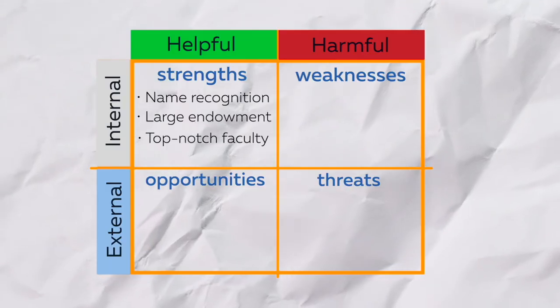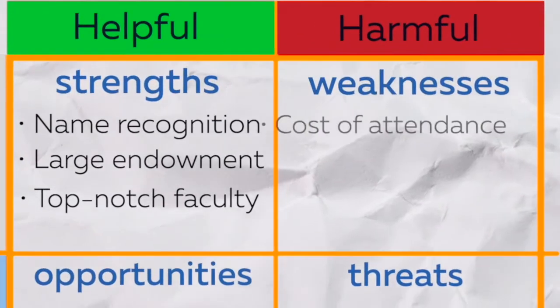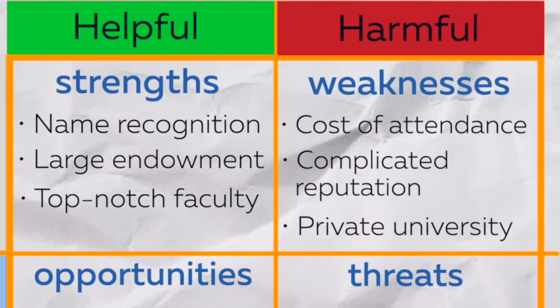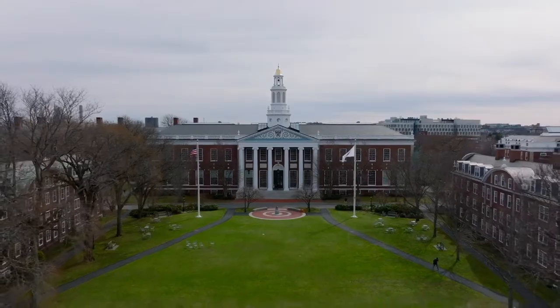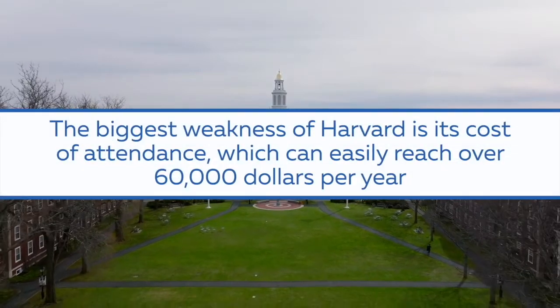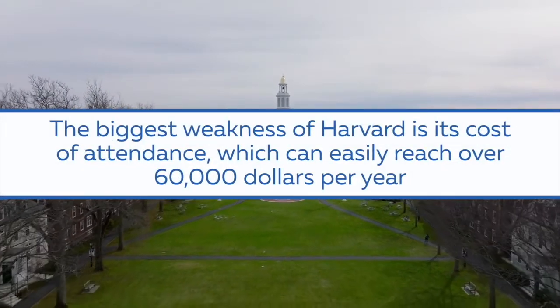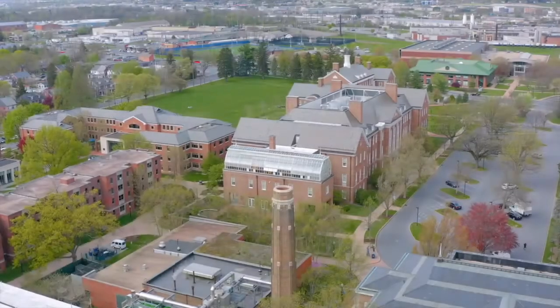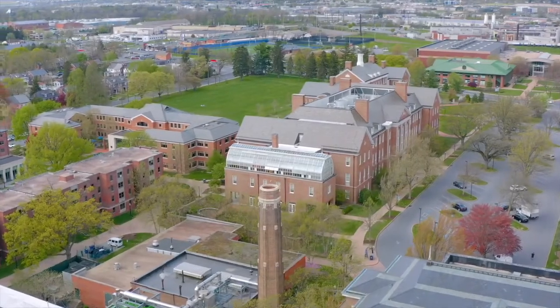Here's a glimpse of Harvard's weaknesses: cost of attendance, complicated reputation, private university. The biggest weakness of Harvard is its cost of attendance, which can easily reach over $60,000 per year. As an Ivy League school, its reputation is a double-edged sword.